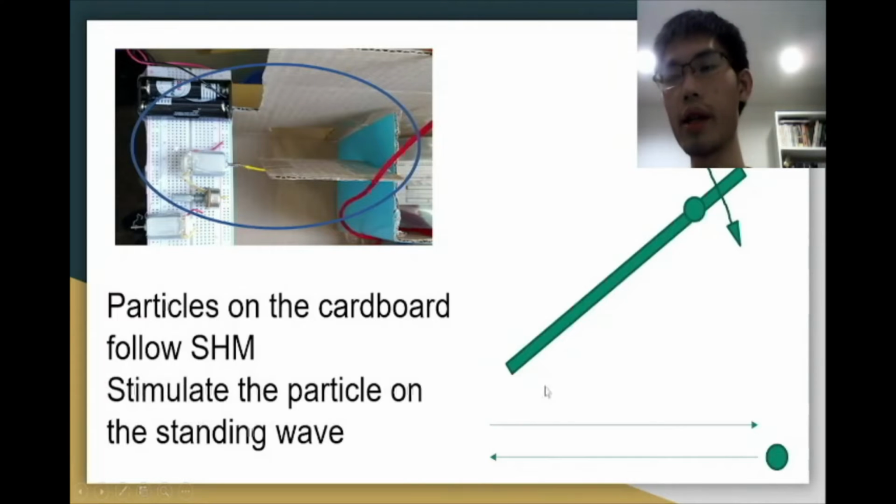If we look at this figure, we know that the particles on the cardboard will rotate, and if we project this motion to the horizontal plane where the photoresistor lies, we will find that it moves like a simple harmonic motion.